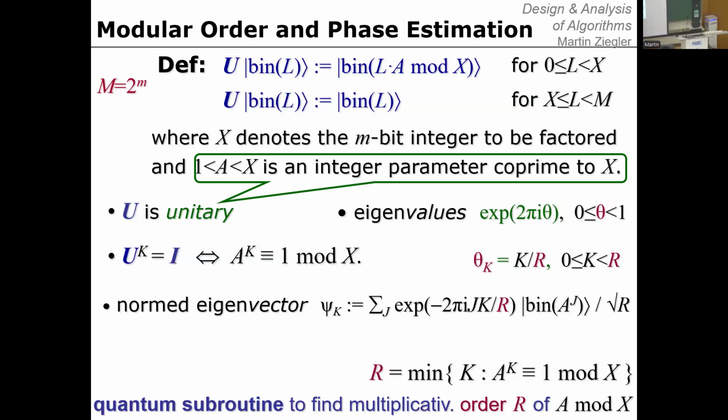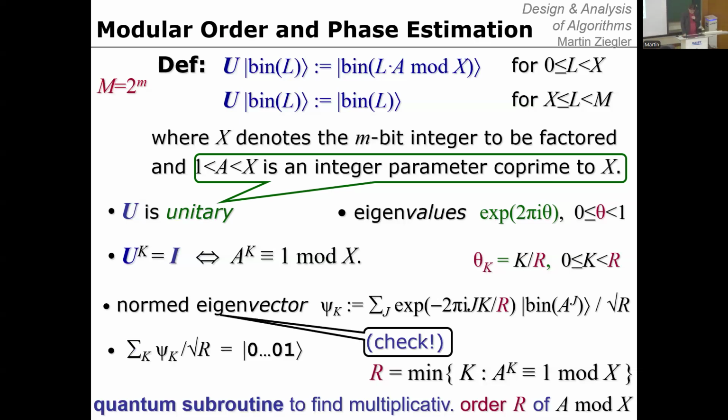Here's the explicit formula for an eigenvector. Check that this is an eigenvector to this eigenvalue. And also, if we add up all these eigenvectors and scale them all with the same weight, 1 over square root of r, then verify that the result is this basis vector.